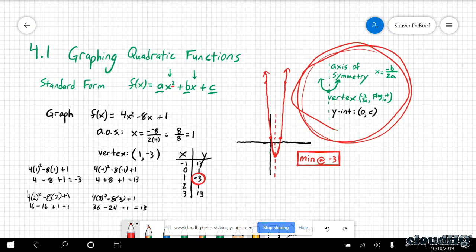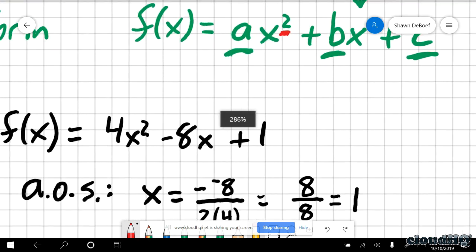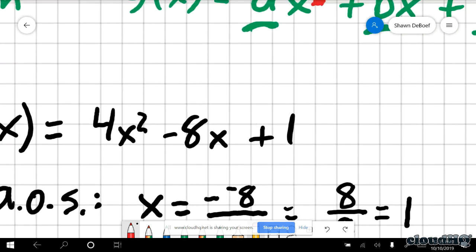Now, could we have anticipated before I ever graphed it, just looking at the equation itself, how can you tell if that's going to be a minimum or a maximum value? What does this value tell us about the graph? It's stretched, but it also is positive, so I know that my graph was going to open up.